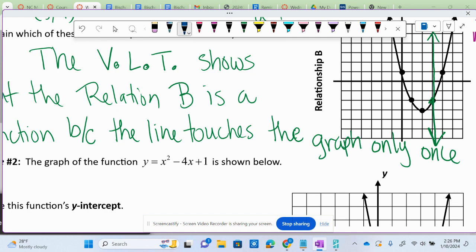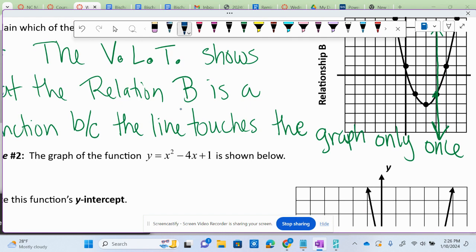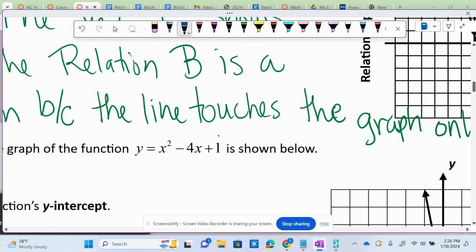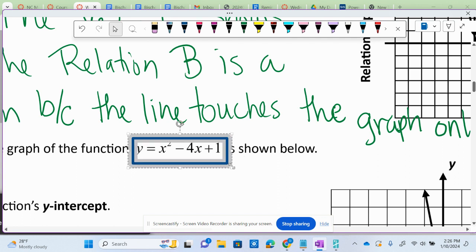Example number 2. Okay. So this function right here, y equals x squared minus 1, has a special name. You guys learned about this in Math 1. Do you guys remember what this is called? It makes a parabola graph.